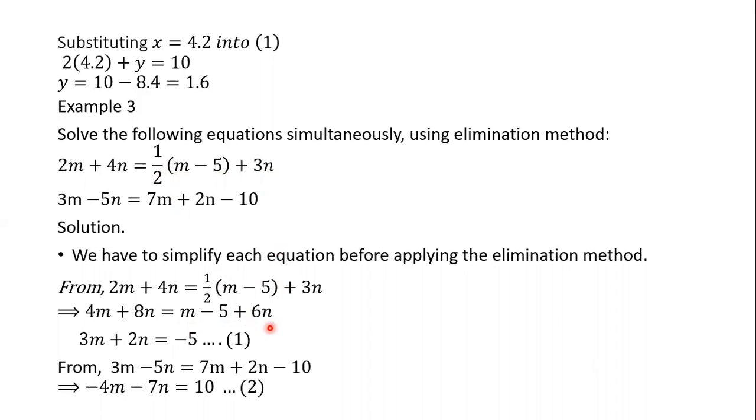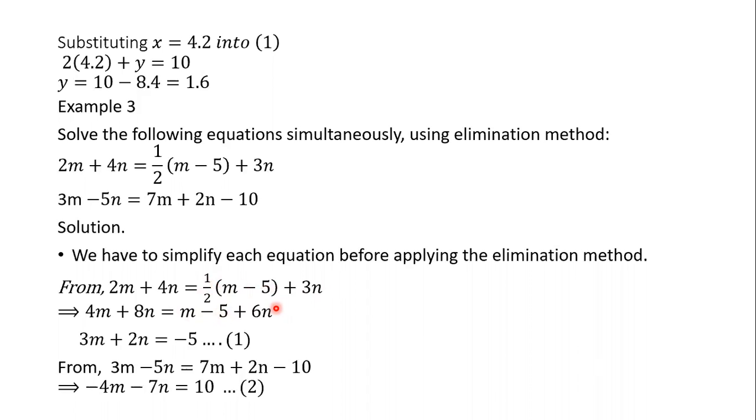Let me go back again. Multiplying 2 by 2m gives 4m, plus 2 times 4n gives 8n, equal to 2 times half is 1, so we have 1 into bracket m minus 5, which is the same as m minus 5. Now we multiply 3n by 2, which is 6n.